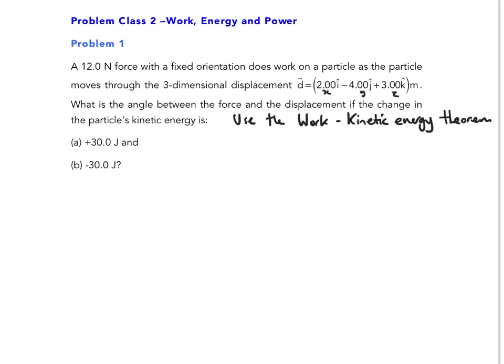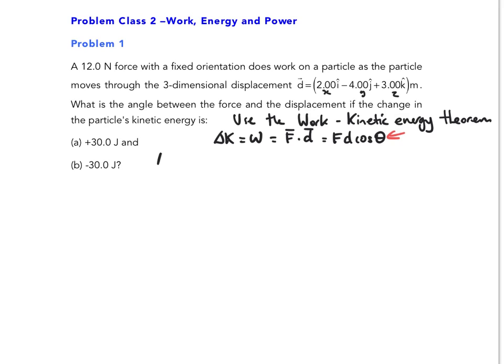That basically just says that delta K, the change in the kinetic energy, is equal to the work done. We also know that the work done is equal to F dot D, which is equal to the magnitude of F times the magnitude of the displacement times cos of the angle between them. And that's what we're looking for.